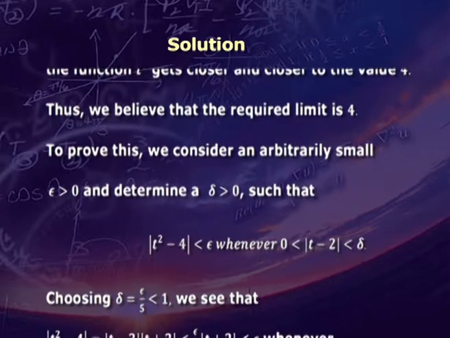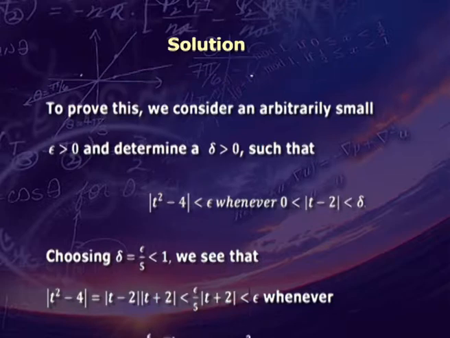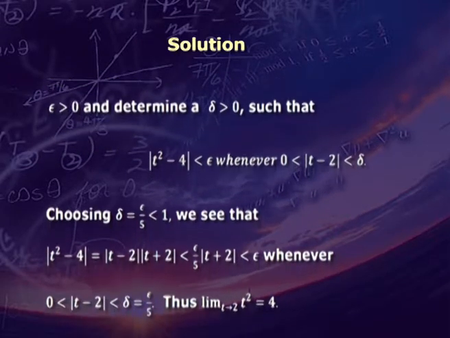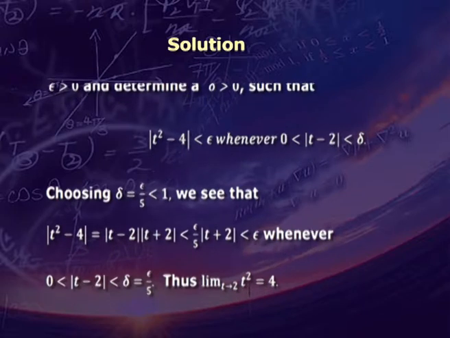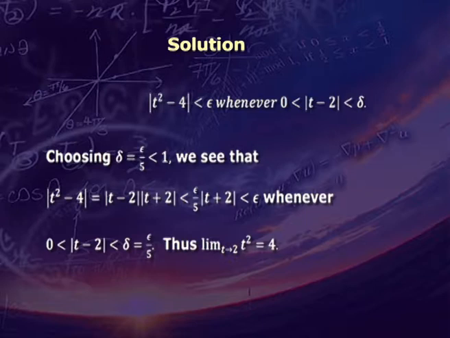To prove this, we consider an arbitrarily small epsilon greater than 0 and determine a delta greater than 0 such that mod t square minus 4 is less than epsilon whenever mod t minus 2 is greater than 0 and less than delta.